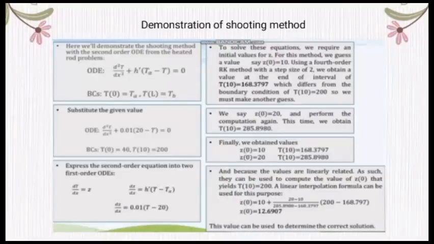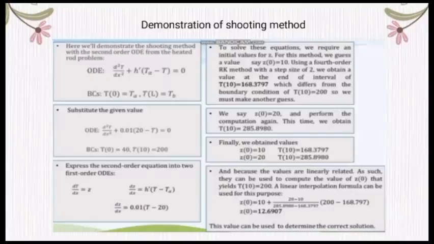Plug Fourier's law into the heat balance equation and divide through by k. And our boundary conditions are T of 0 is equal to TA and T of L is equal to TB, and we express the second order equation as two first order ODEs.